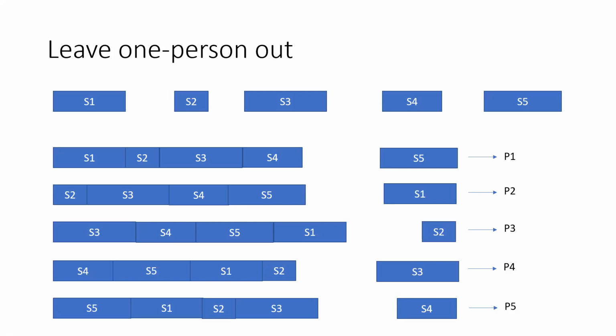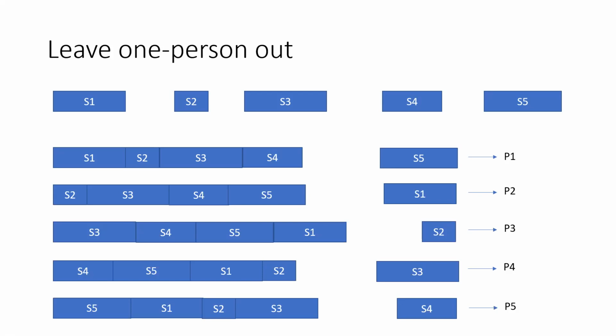And again, you can get these performance metrics, whatever you have, accuracy, true positives, false positives, geometric mean, other kinds of metrics, and then take an average. This will give you a good sense of how this might work for a new person when you deploy the system, right? So this is leave one person out.